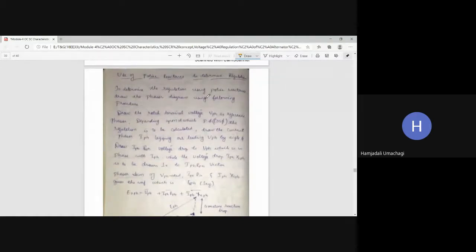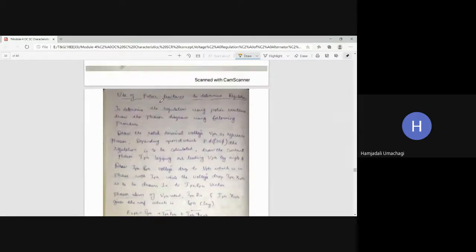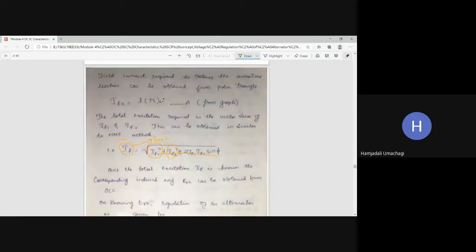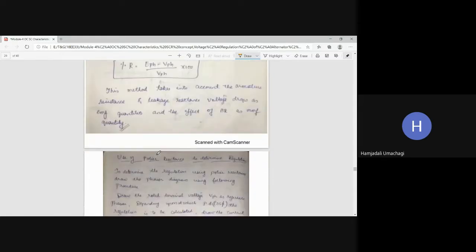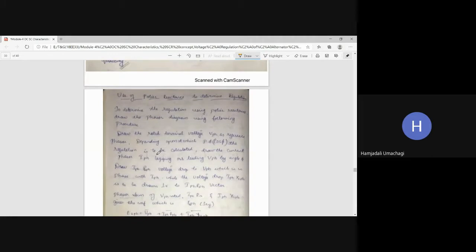Draw the phasor diagram by using the following procedure. In the above step, we have seen IF is equal to square root of IF1 square plus IF2 square plus or minus 2 times IF1 IF2 sin psi. IF2, no doubt, you are getting from the Potier triangle. But from where do you get the value of IF1? IF1 is the field current required to produce the rated terminal voltage. To get the value of IF1, that can be extracted from the Potier triangle only. Let us see how it is possible.